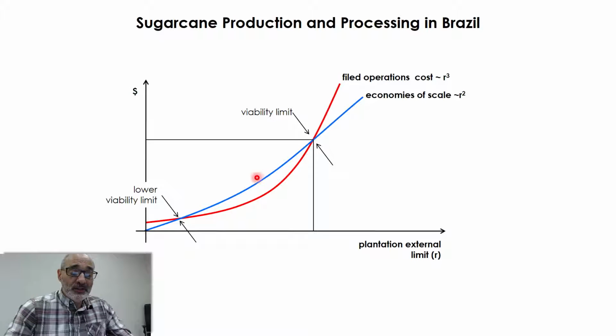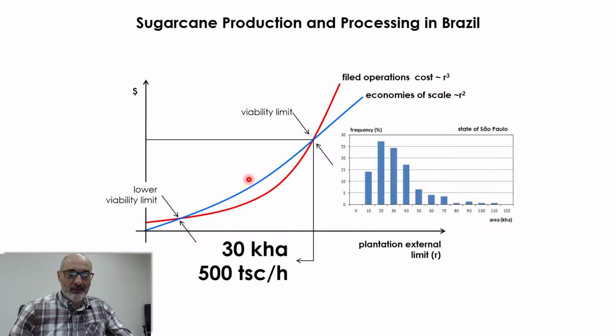We know this already for the first generation sugarcane sector in Brazil. We have statistics on that. So this histogram is of all the state of São Paulo's sugar mills, and this is the plantation area. So you see that the majority processes 30,000 hectares, and there are some with a lot more, but they have better technologies, especially related to logistics.